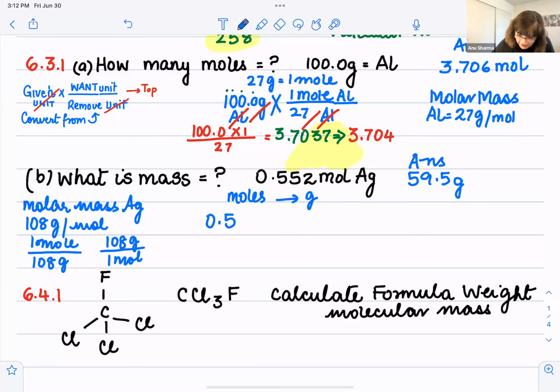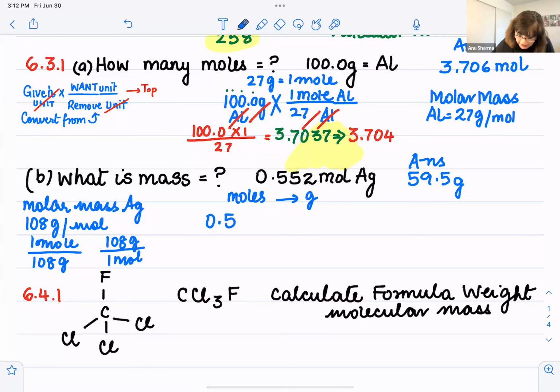Now moles, M-O-L-E-S, and M-O-L is the same thing. M-O-L is just the short form or the unit for moles, so it means the same. Okay, so now what do you have here? You have 0.552 times 108.